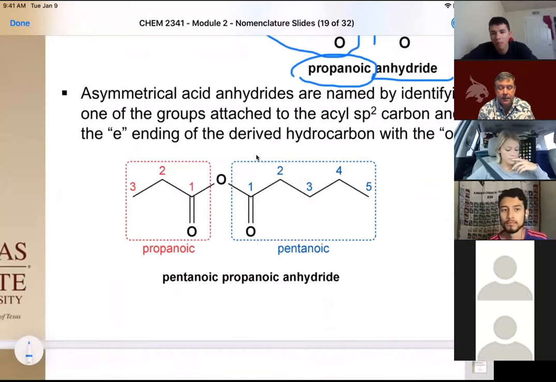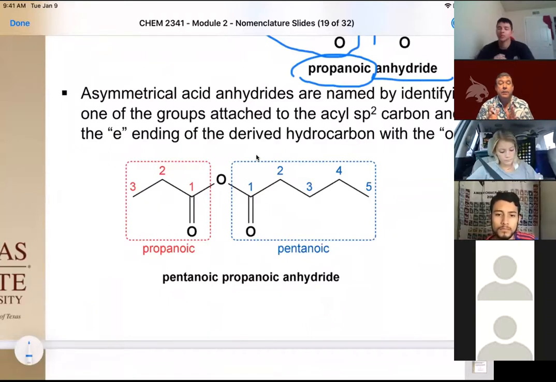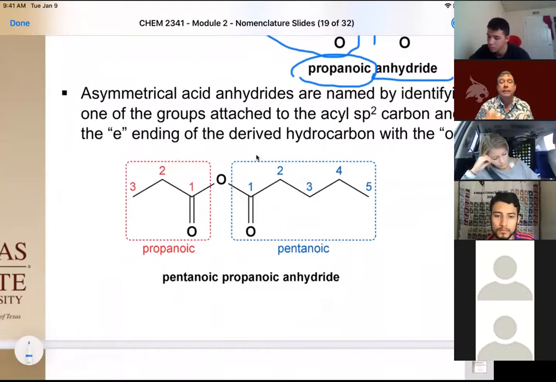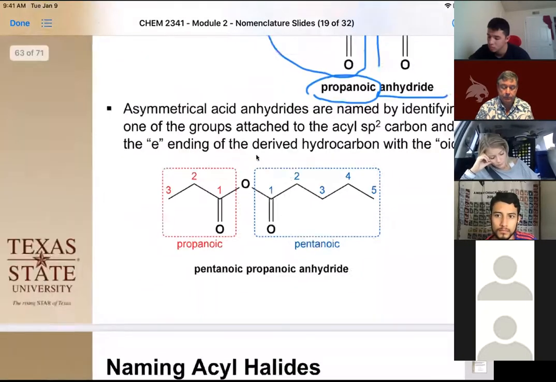This was pentane. We drop the E, add oic acid, so it's pentanoic acid. But we made an anhydride out of them, so we have to say pentanoic propanoic anhydride. So you've named each of the carboxylic acids separately, and you know exactly where your system is.